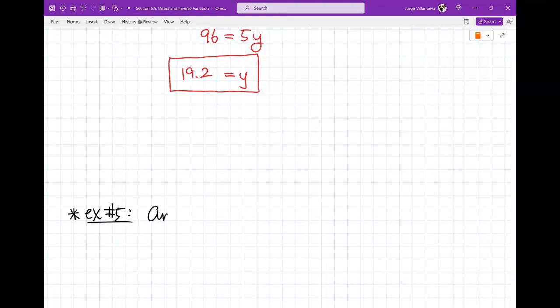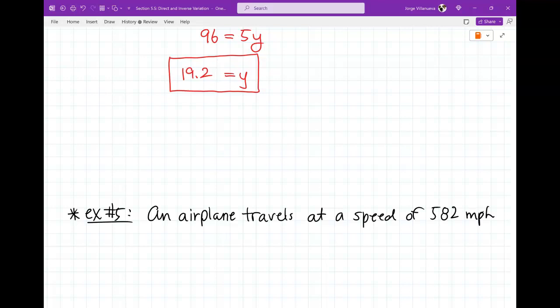An airplane travels at a speed of 582 miles per hour to reach its destination in 4 hours.